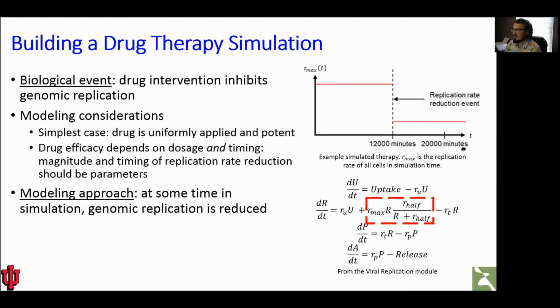The basic premise is that in our simulations of infection, at some moment in time, some drug therapy causes a global effect over the entire simulation that reduces the replication of virus inside cells.